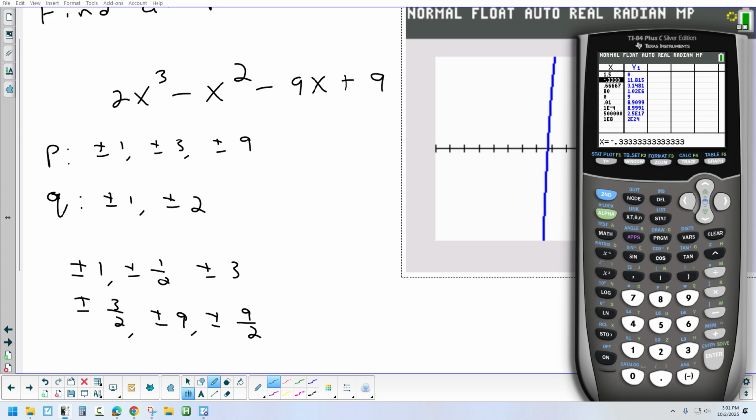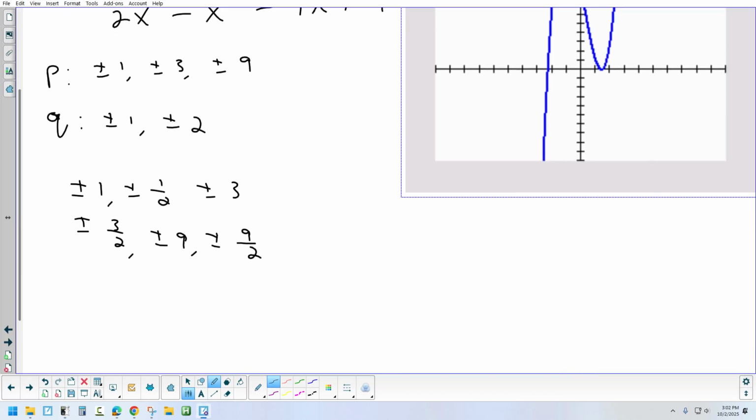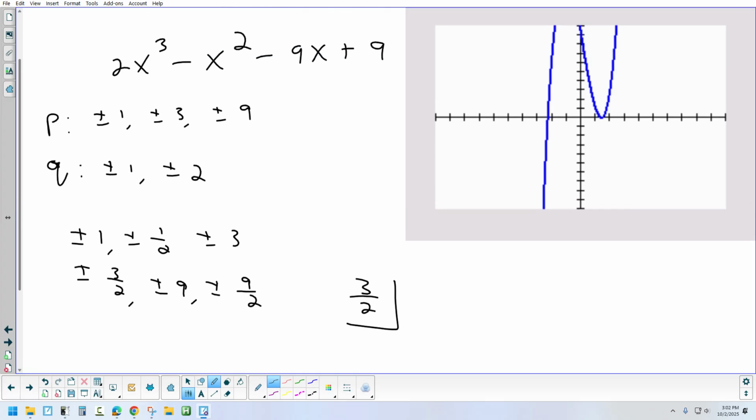Now we have to divide through synthetically so we can turn the cubic into a quadratic. Let's put 3/2 on the outside. What are going to be my numbers on the inside for the synthetic division? 2, -1, -9, 9.